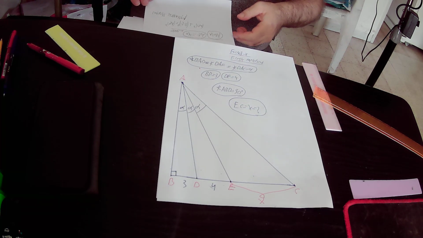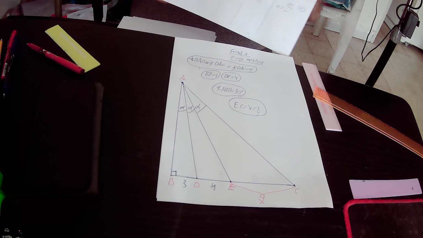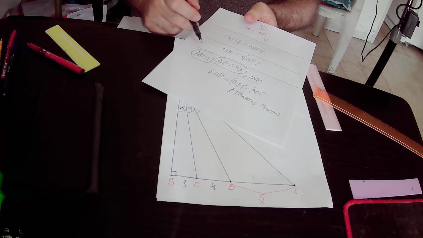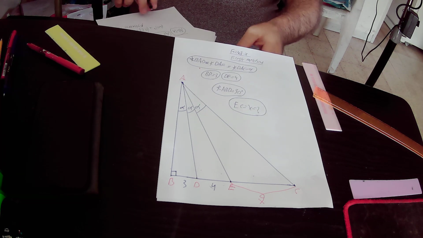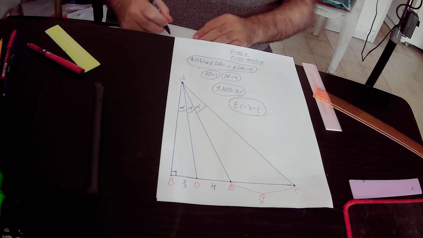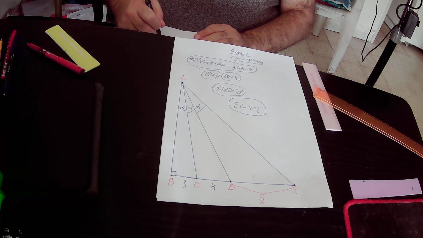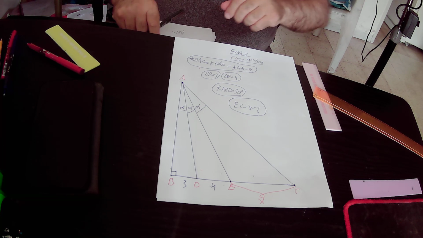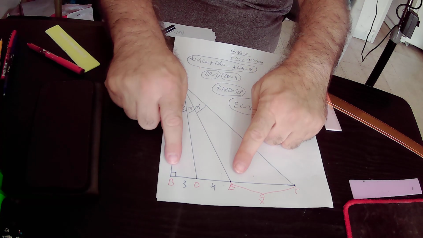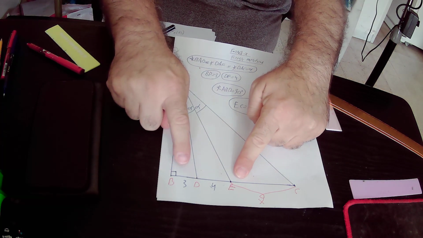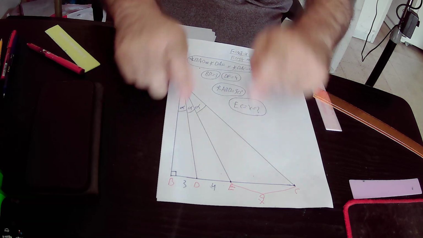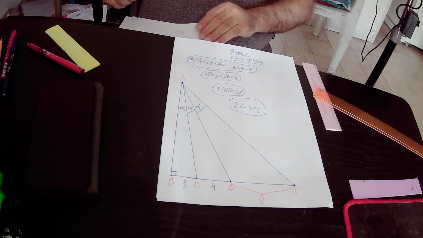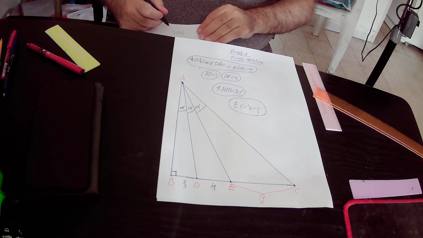What is the value of AB? AB equals 3K. So AB squared is 3K squared plus BE squared. What is the value of BE? BE equals 3 plus 4. That is to say 7. And BE squared is 7 squared.